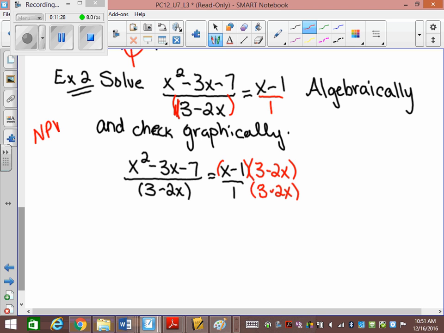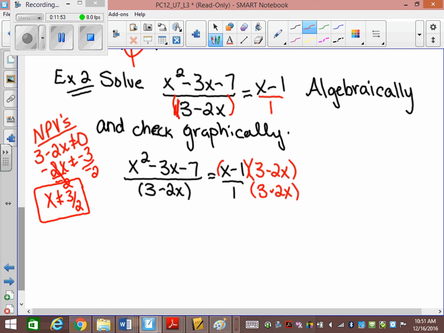My NPV for this one is 3 minus 2x can't equal 0. Then I solve for it. So I get negative 2x can't equal negative 3. Divide by negative 2. x can't equal 3 over 2. So if x did equal 3 over 2 or 1.5, it would be out.